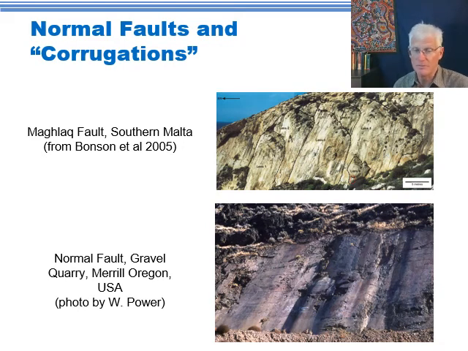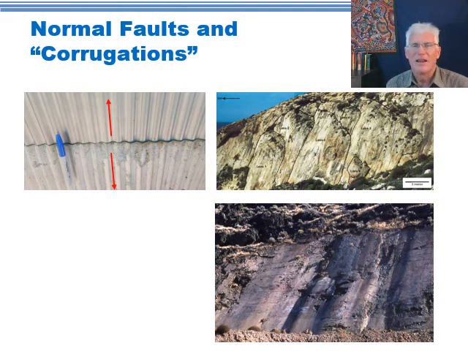To think about these corrugations, I went out to the backyard and grabbed an old piece of roofing iron and put two pieces of it together and thought, okay, if you slip one past the other, you can see what happens. It's quite possible for these corrugations to be quite happy with one another and slip along with normal fault movement and not cause a lot of problem or evolution of the geometry.